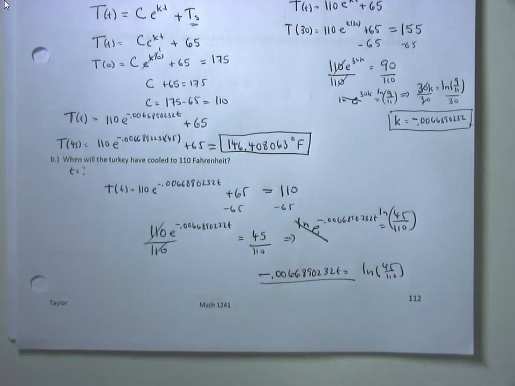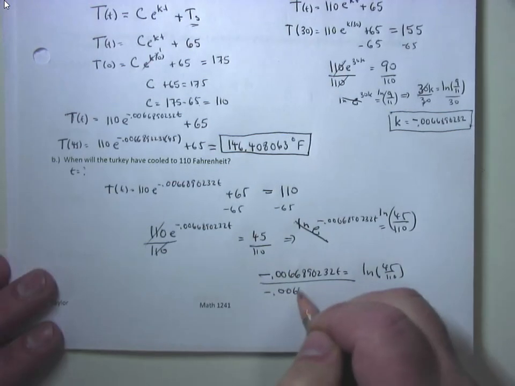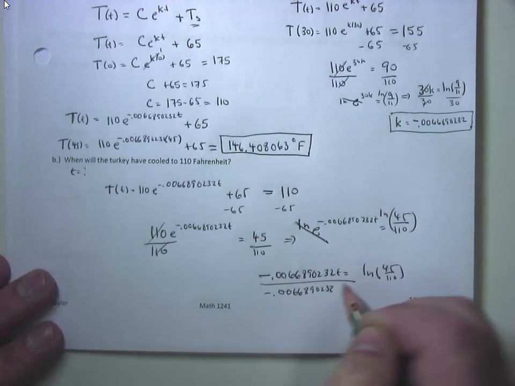And then I'm going to divide by negative 0.0066890232 on both sides.